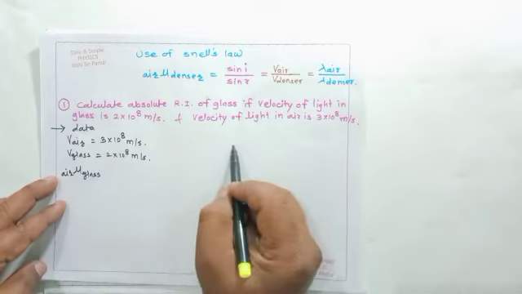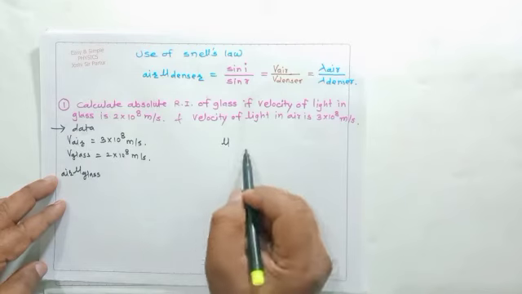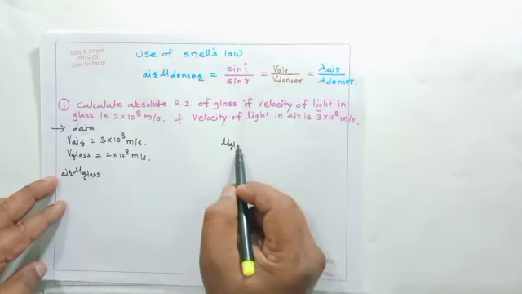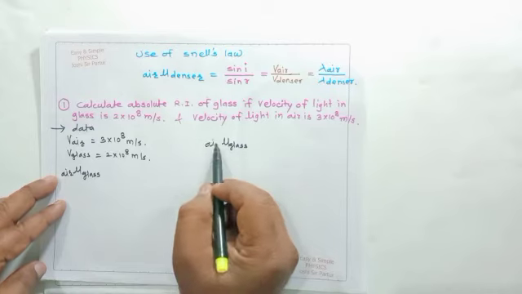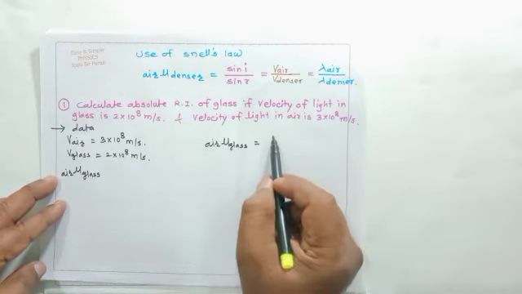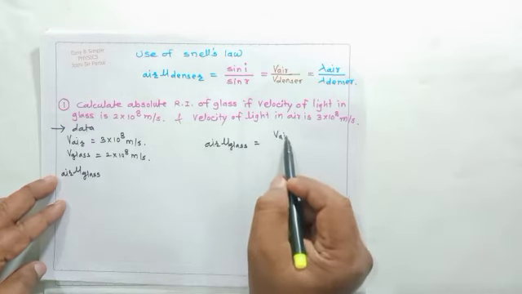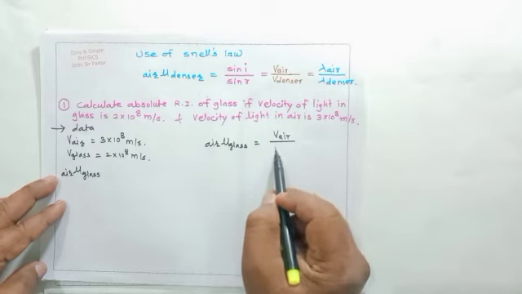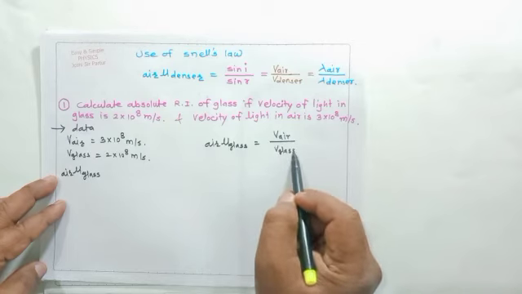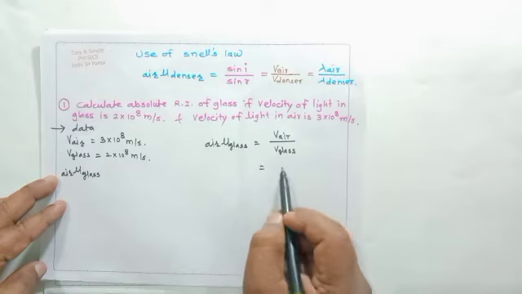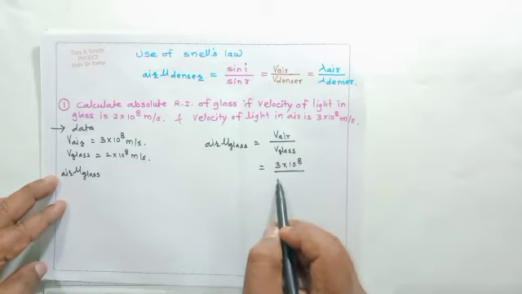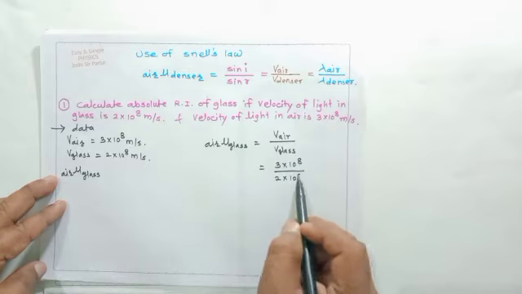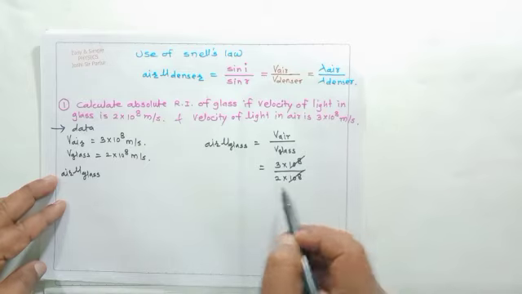So here we can use formula using Snell's law. Mu for glass or refractive index of glass with respect to air, that is equal to velocity of light in air divided by velocity of light in glass. So we can put the values 3 into 10 raised to 8 divided by 2 into 10 raised to 8. So 10 raised to 8 gets cancelled.